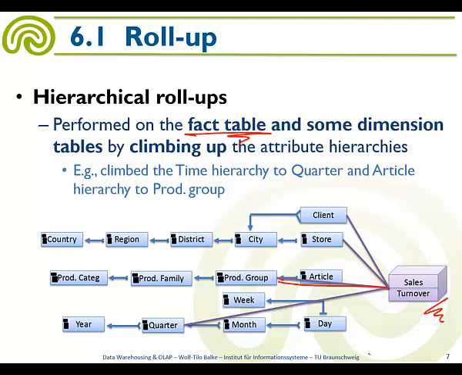So you aggregate all the articles that belong to some product group, and you don't do, I don't know, like flat screens and TV sets and whatnot anymore, but you do consumer electronics, right? And all the data of the TV sets is just summed up to form consumer electronics.